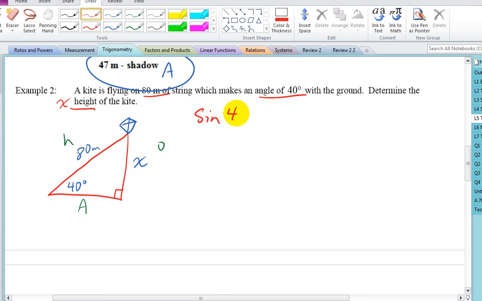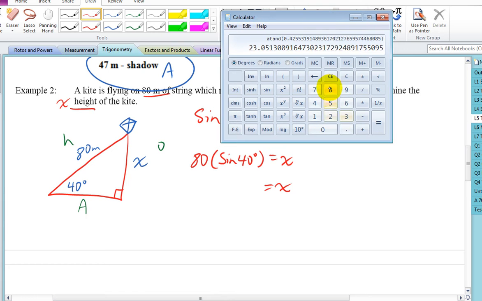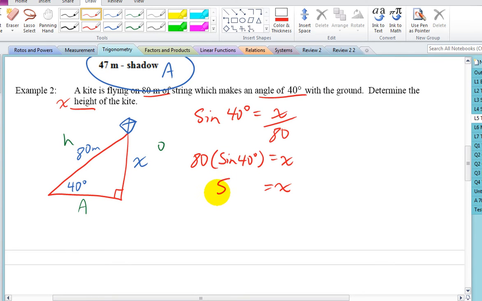So sine 40 degrees equals opposite over hypotenuse. And so you should get x equals 51.4.